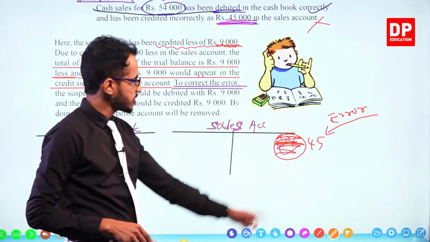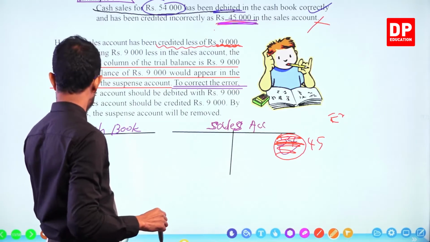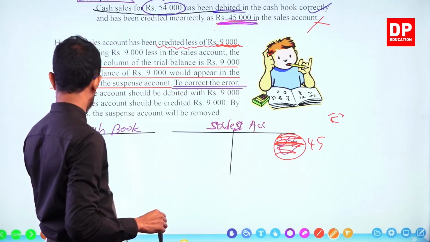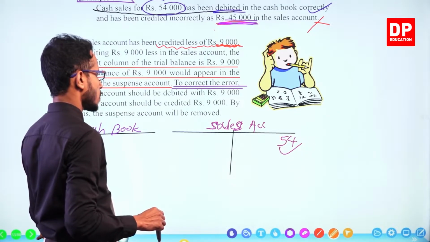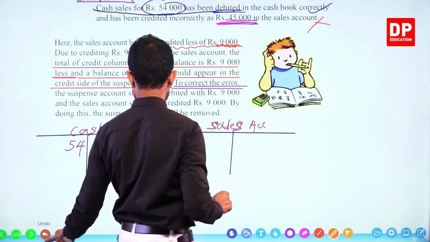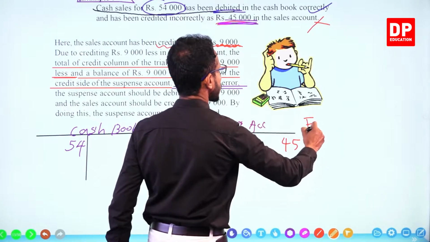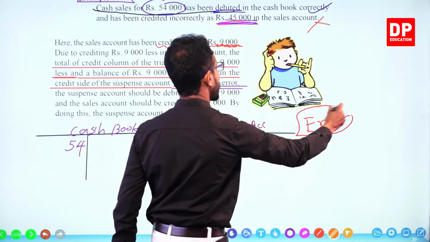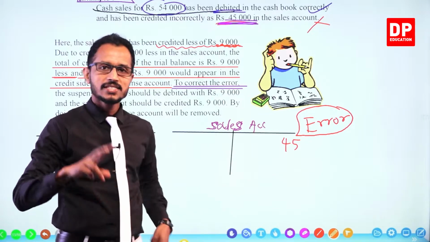You got it? Let's enter 45 here. This is the error. Now it's easy. Now the second step is also done.